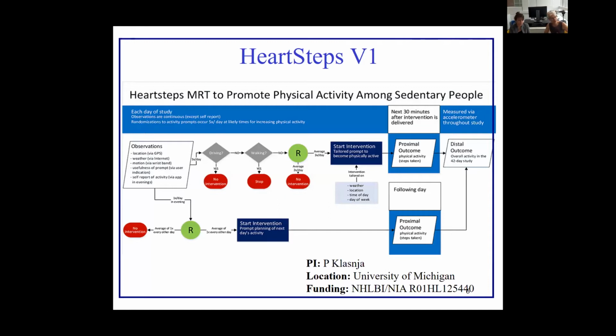We have another study called Sense2Stop. It's in the field right now. It's part of an enormous consortium. It involves a lot of wearables, and the wearables are used to produce a classification of whether or not someone is stressed each minute. In that study, it had to do with helping people quit smoking.